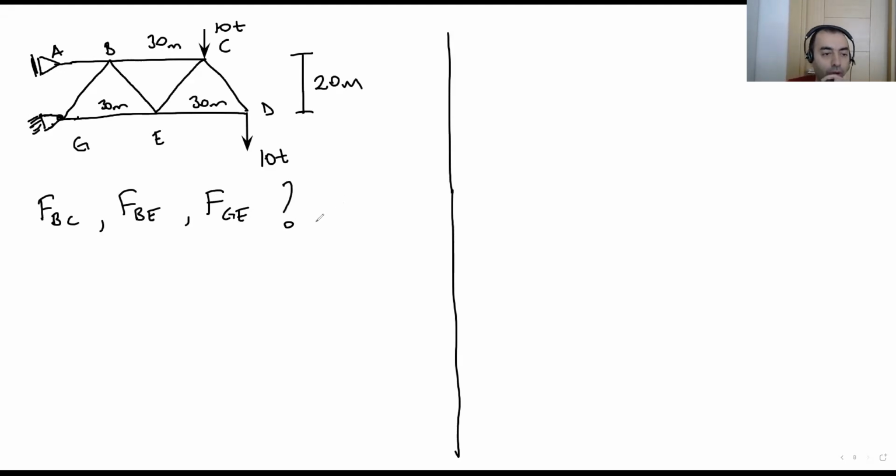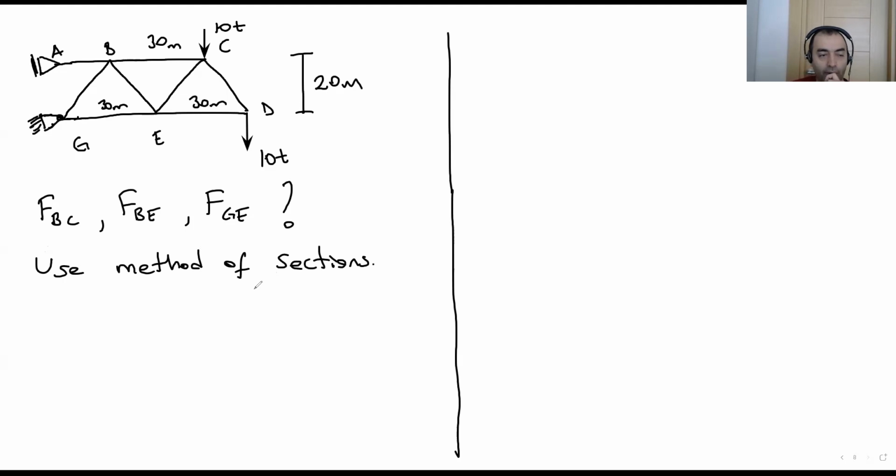I'm looking for only these three member forces, not all of them. Use method of sections. Okay, method of sections.